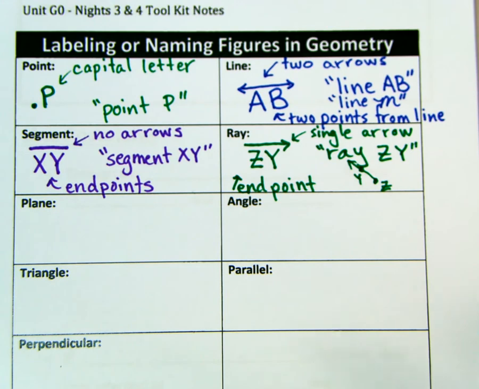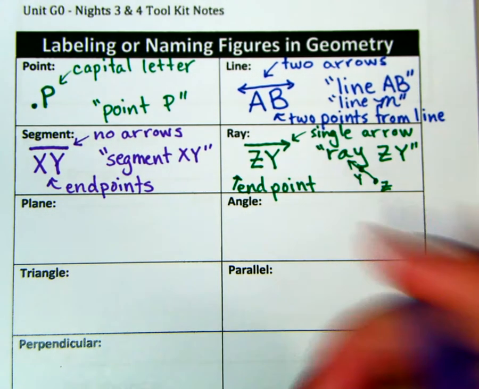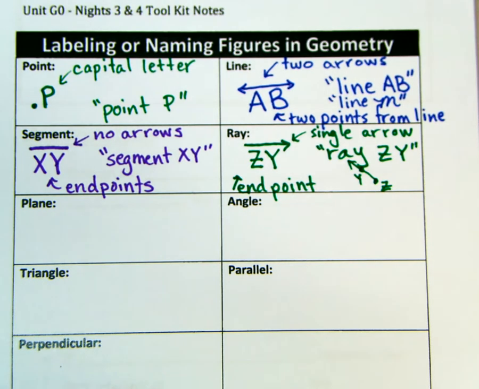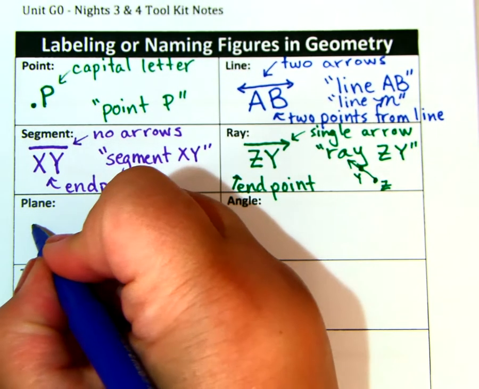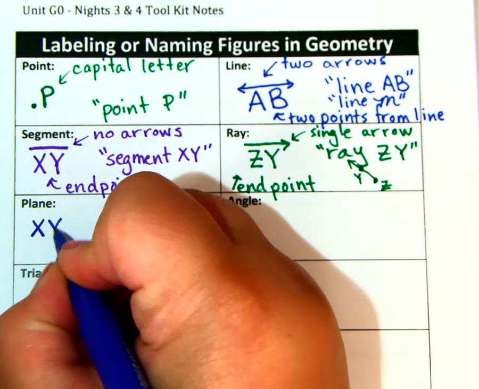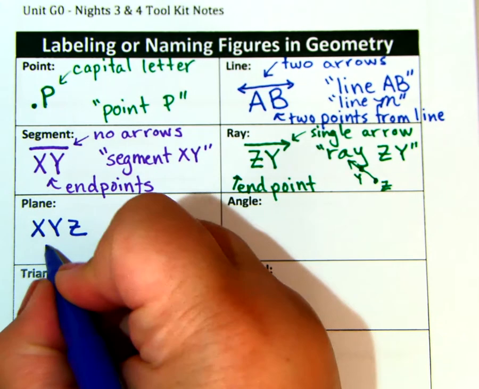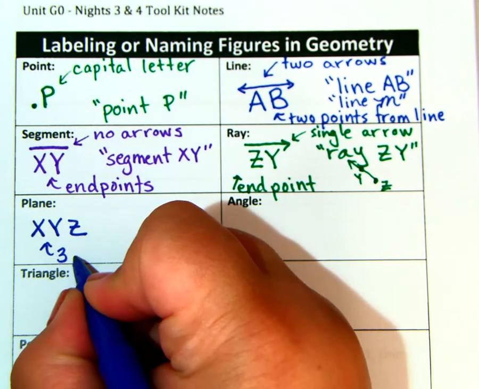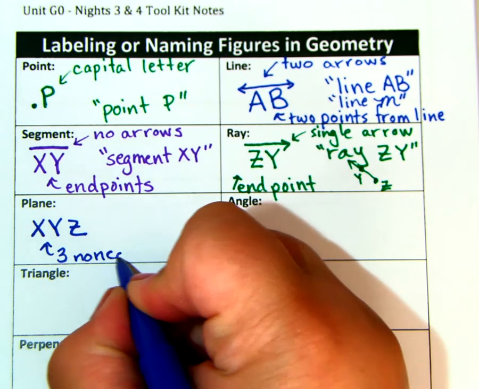Through any 3 non-collinear points, there is a plane. So you use 3 non-collinear points to name a plane. So you might call the plane XYZ.